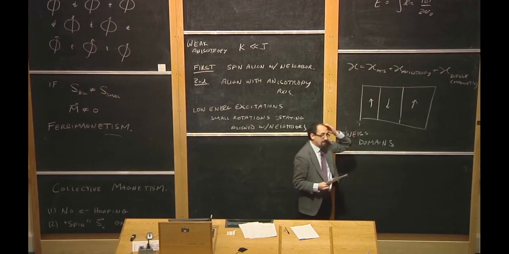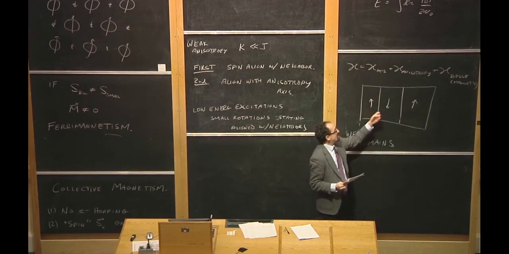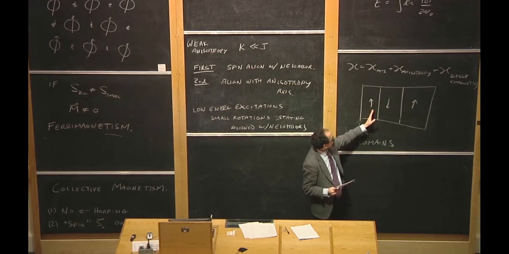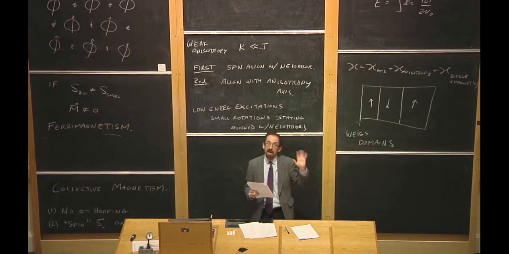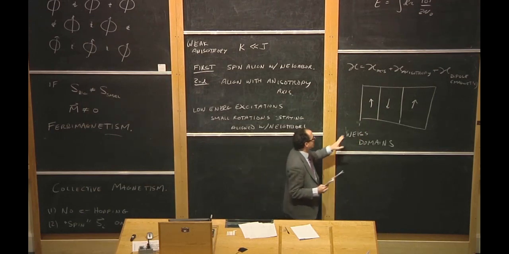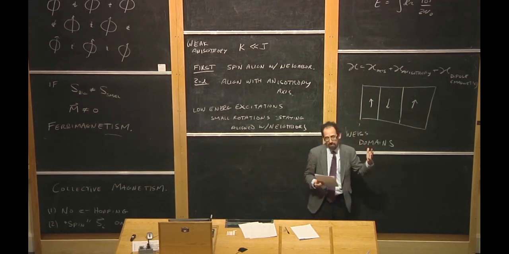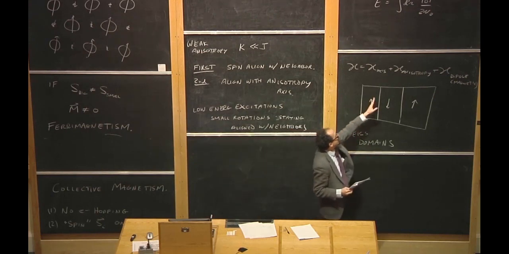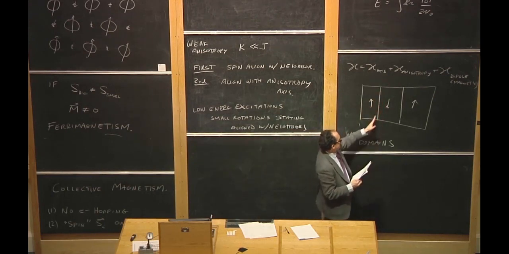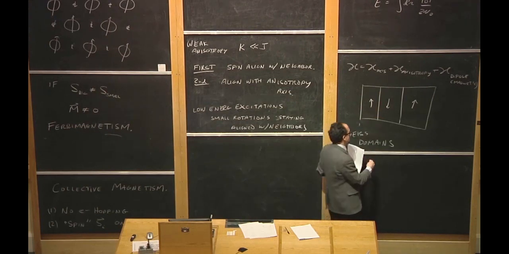Now what's going on here? At some point in this material, you'll have upspins right next to downspins. That makes the Heisenberg term of the Hamiltonian very unhappy, because the Heisenberg term wants the upspins to be next to upspins. So there's some energy cost along that transition, along what's known as a domain wall.